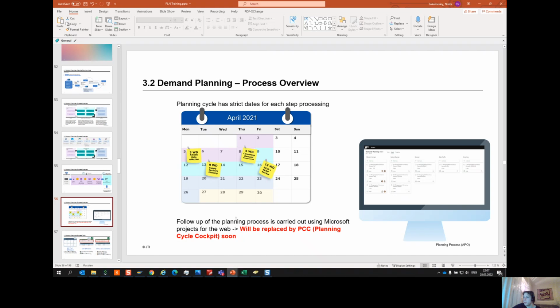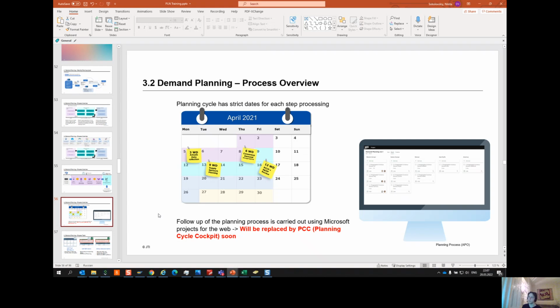But I would like to mention that Microsoft Planner for planners will soon be replaced by another tool called Planning Cycle Cockpit, which will be held on the platform of MyJTI. Not exactly on the MyJTI portal, but a separate link on the base of MyJTI.